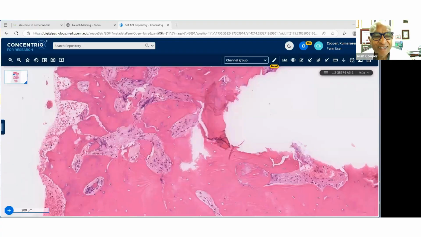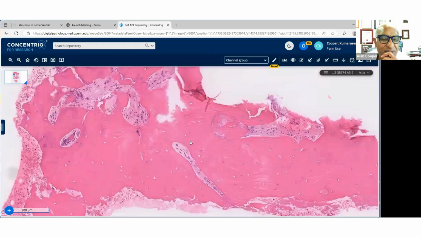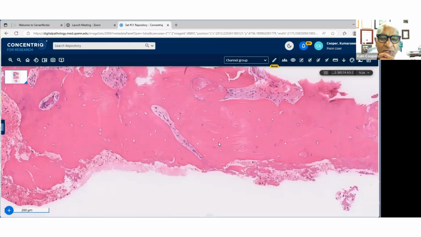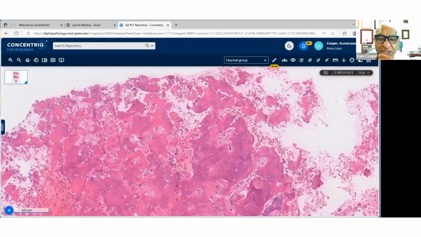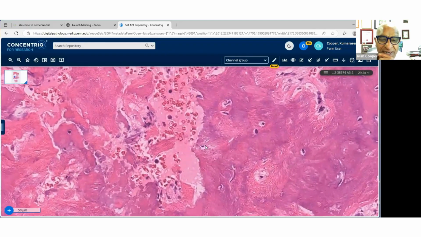Anybody have any thoughts? Looks much more dense here. And here you can see a combination of new bone formation with mineralization.